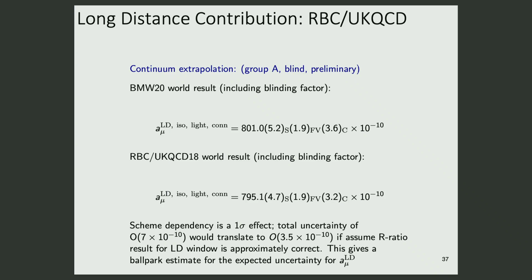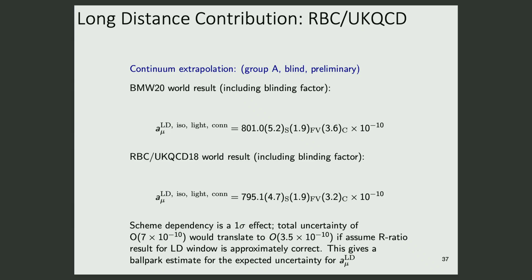And if you add up all the errors, just for the long distance part, you get this, again, for the blinded value. And if you assume that the R ratio is correct, which is unblinded, we can calculate the long distance contribution from the unblinded R ratio data.